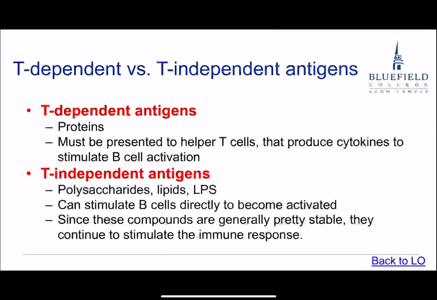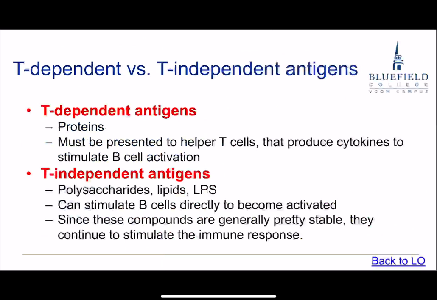So that's a nice way that the body can cover more than just proteins presented like on a silver platter. B cells, they're strong, independent women, and they don't need no T cell help. They can do it on their own.